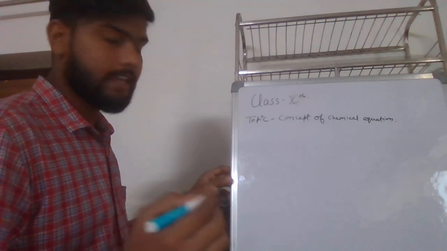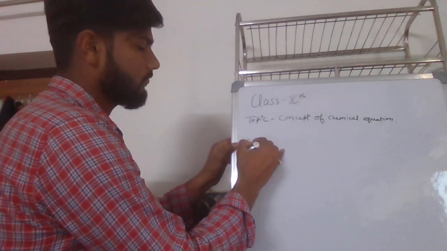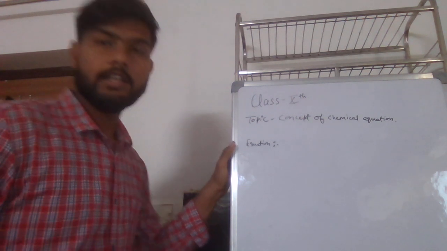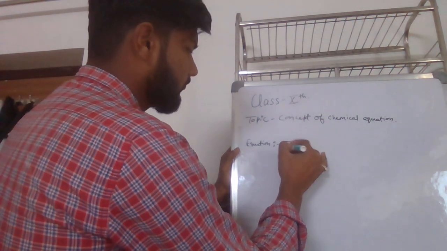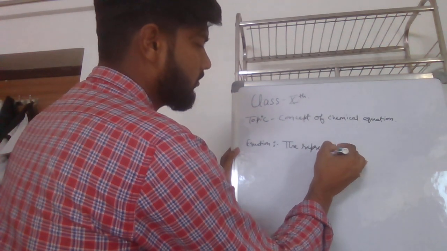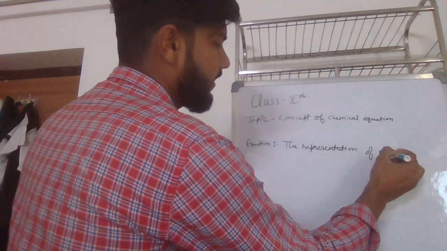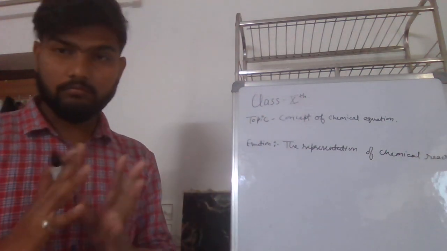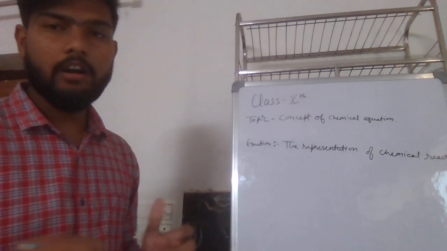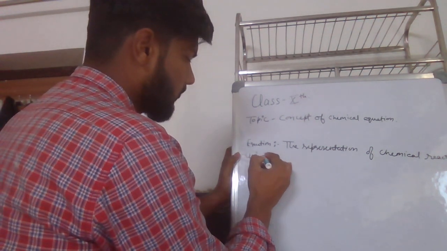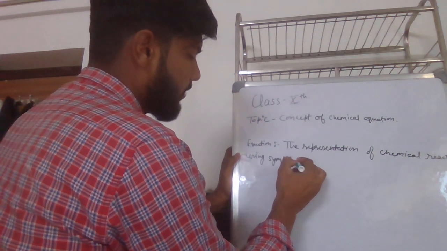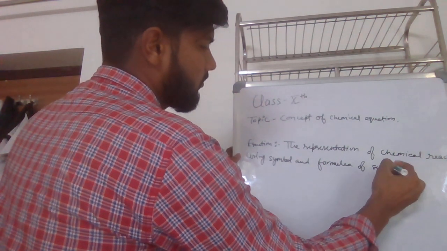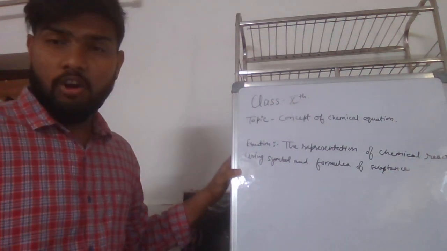What is the chemical equation? Everyone write in your own copy: the representation of a chemical reaction using symbols and formulae of the substances is called a chemical equation.